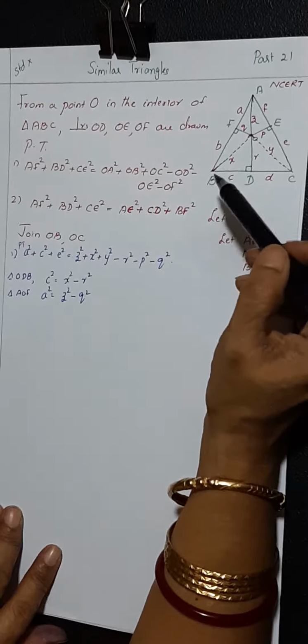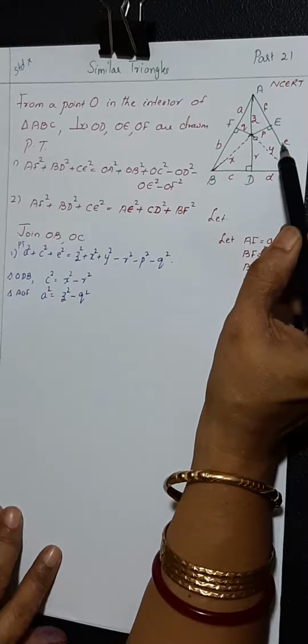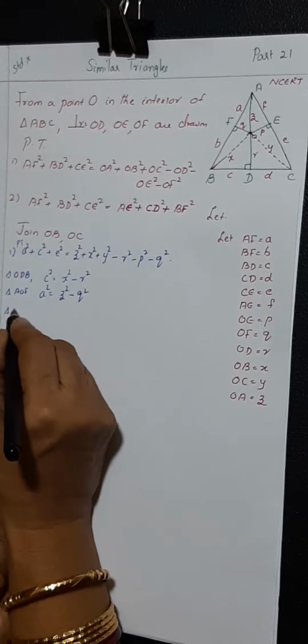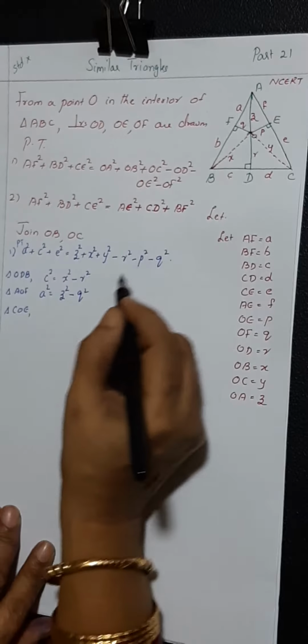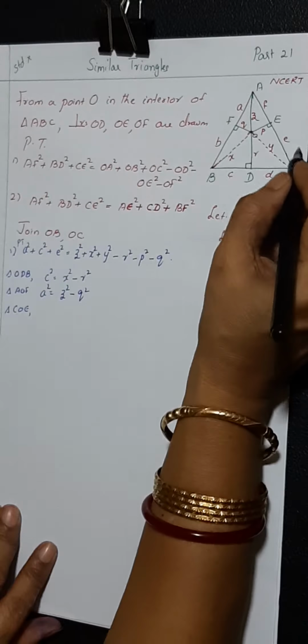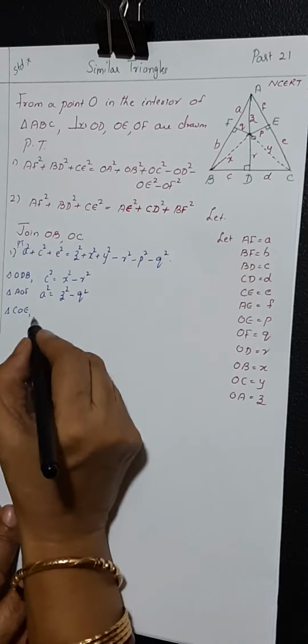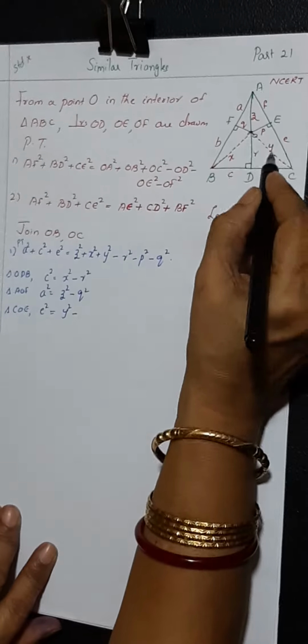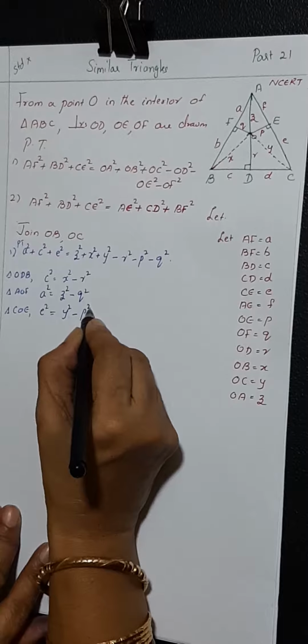And similarly, we need e squared in this triangle COE. So, e squared is equal to y squared minus p squared.